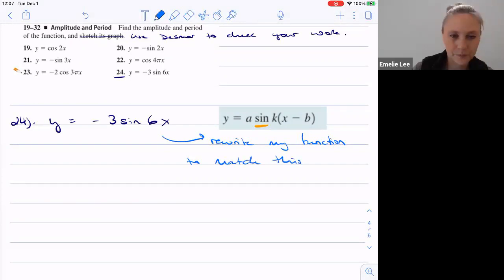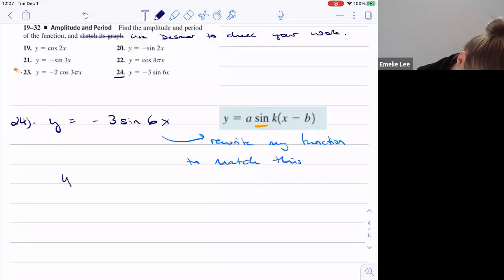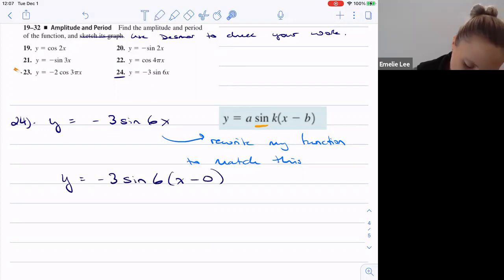The only thing that's missing is that I don't have an explicit x minus b, but that's okay. I can rewrite it and say y is -3 sine 6 times x minus 0. I can expand the 6 inside. 6x minus 6 times 0 is -0, so it's the same.